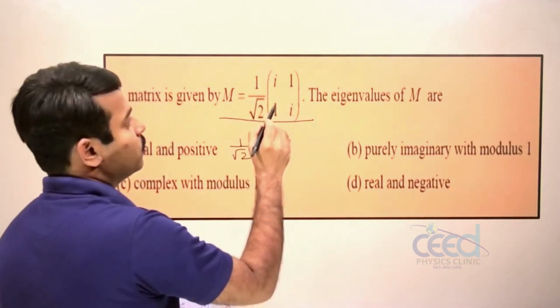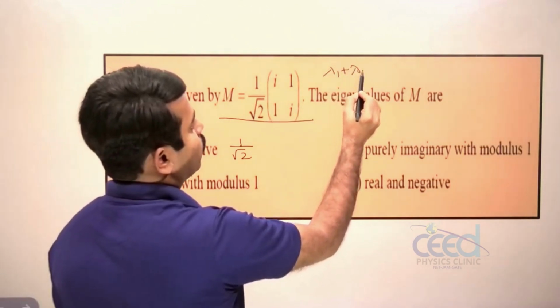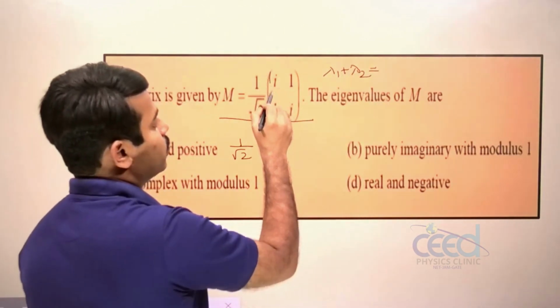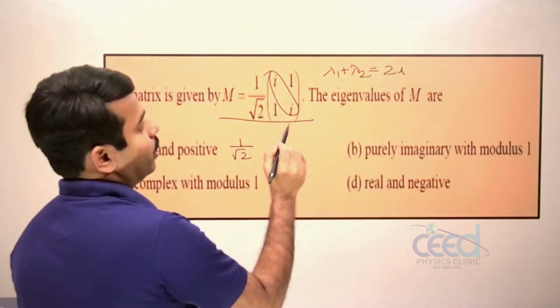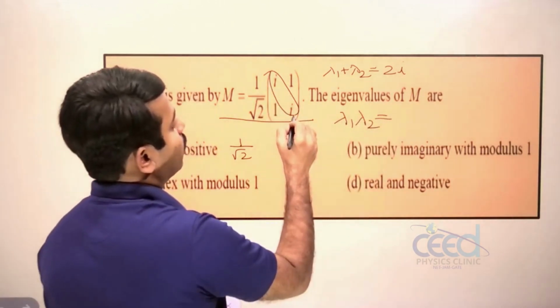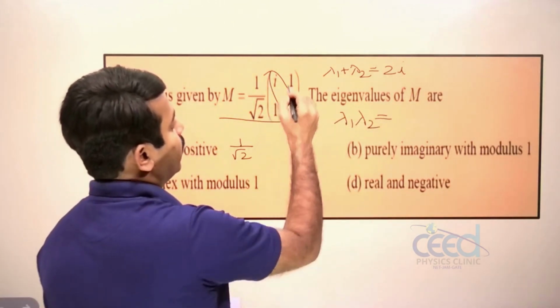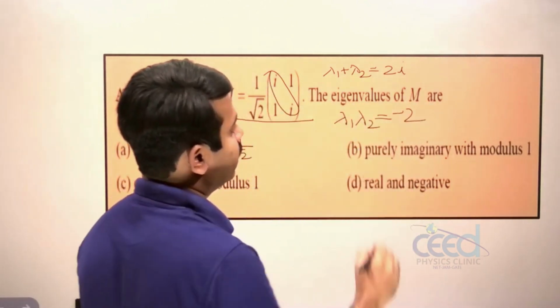What is the eigenvalue of this matrix? Lambda 1 plus lambda 2 is the trace of this matrix, that is i plus i, that is 2i, and the product of eigenvalues lambda 1 lambda 2 is i square minus 1. i square is minus 1, then minus 1, that is minus 2, right.